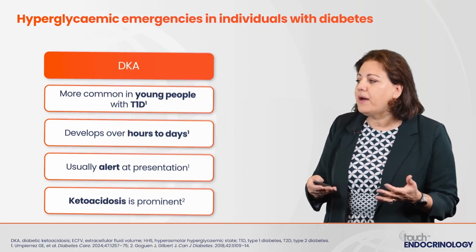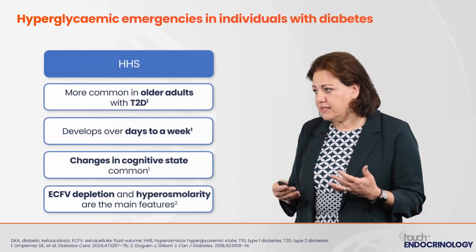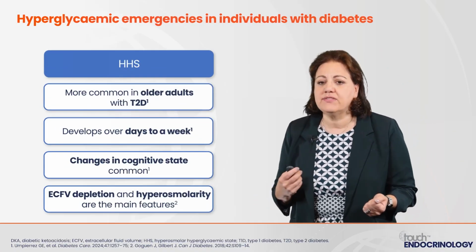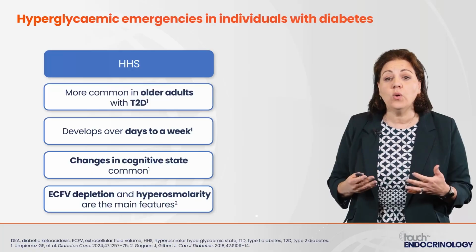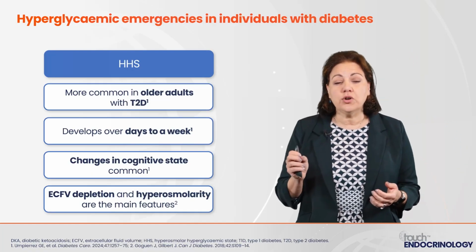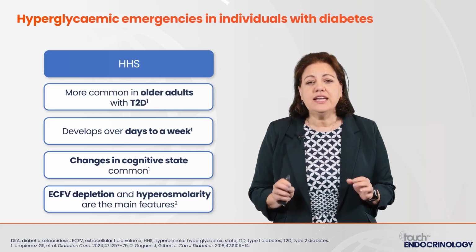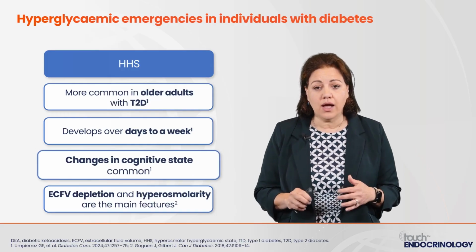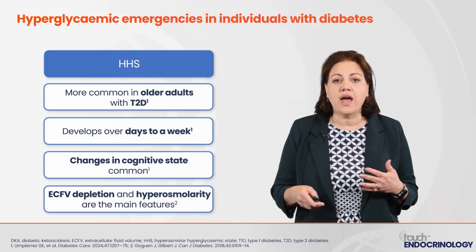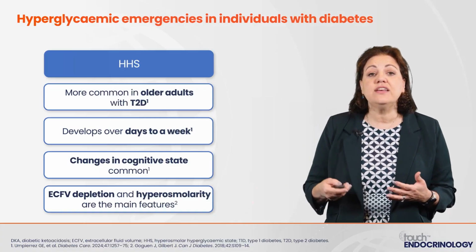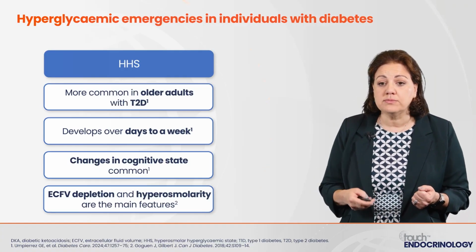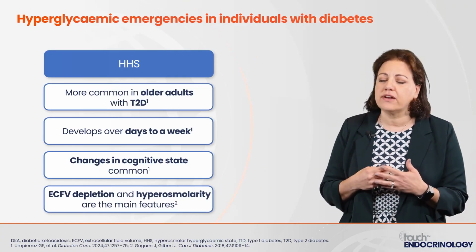Now, when speaking about hyperglycemic hyperosmolar crisis, this is more often seen in individuals with type 2 diabetes and older adults. This has a longer insidious development that occurs over days to weeks, and changes in cognitive status are common. So individuals who have HHS have significant extracellular fluid volume depletion, and they present very dehydrated.